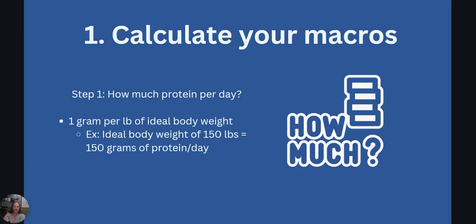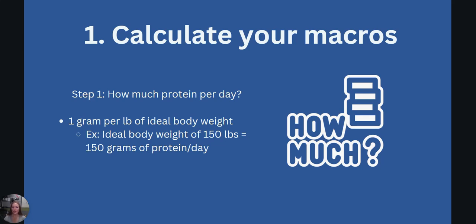All right. So how much protein per day? Well, let's just make it super simple, guys. I don't want to complicate things. Just use 1 gram per pound of ideal body weight. And ideal body weight, we're going to say, is the body weight that you're aiming for. Let's say, for sake of ease, that your ideal body weight is 150 pounds.